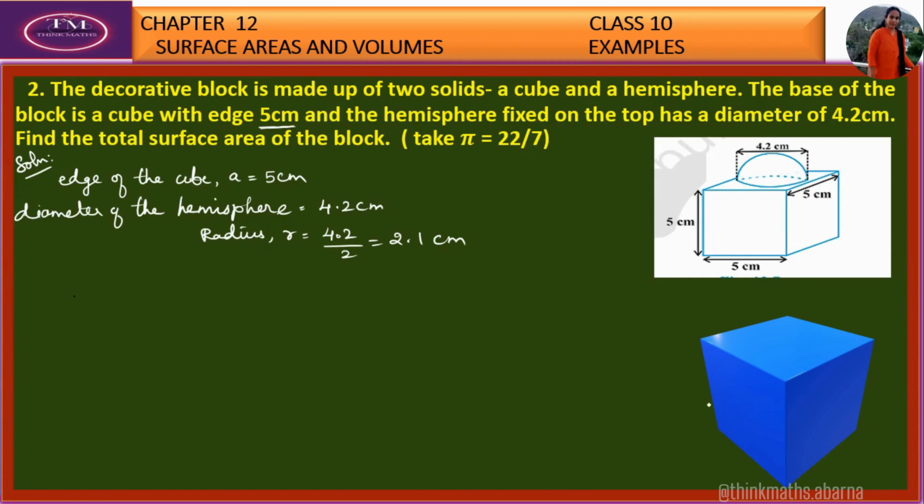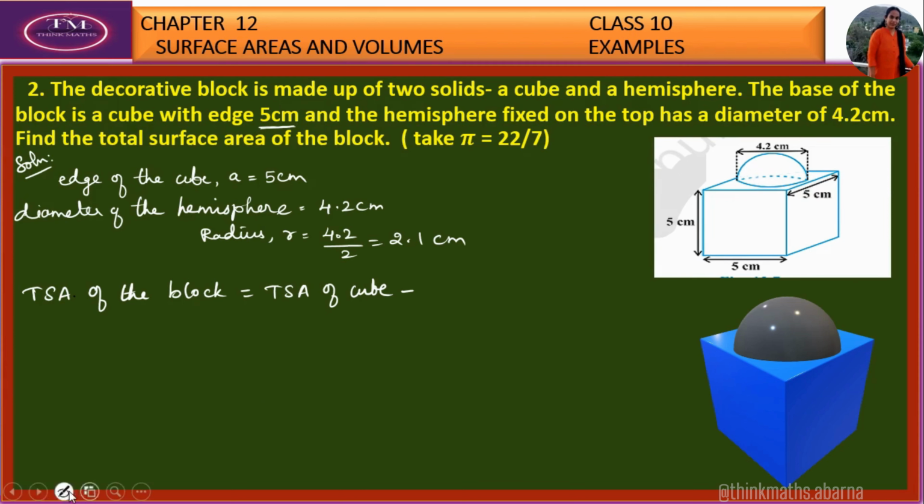Now we have to find out the total surface area of this block. So this block is framed by keeping a hemisphere on top of this cube. So now total surface area, that is TSA of the block. What we found is nothing but total surface area of cube. So in this cube, we have to take away the base surface area of the hemisphere. This circular portion is not included. So we have to take away the base surface area.